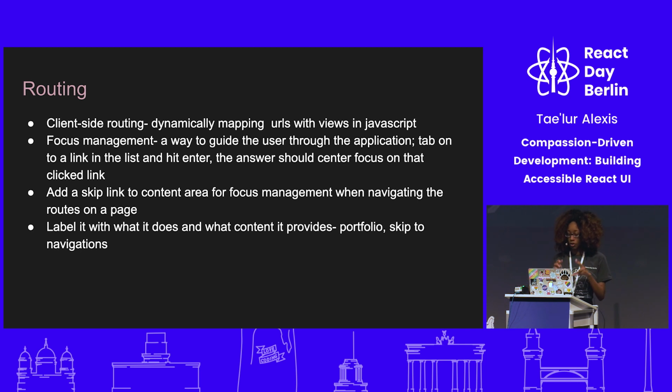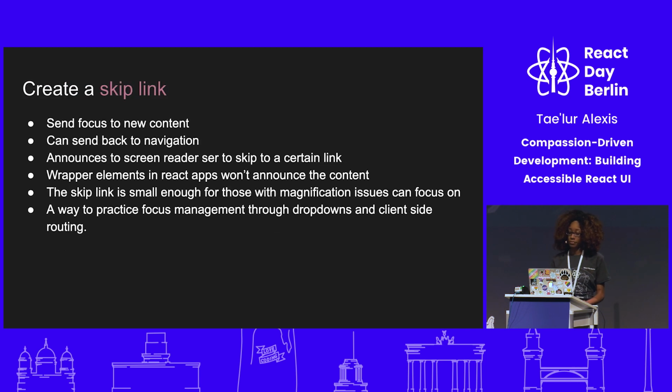It's being able to focus the user on where they need to be when they're tabbing through your website. So a good tip is to add a skip link, so that sends the focus to new content. An example would be if you have a menu and you create a little skip link that's small enough for those with magnification issues to focus on without breaking the layout when zooming in. That announces to the screen reader to skip to a certain link.